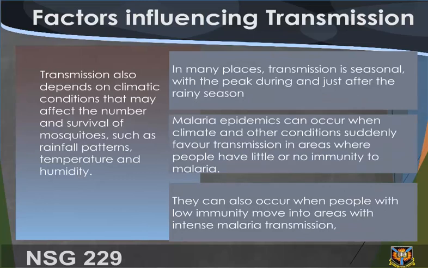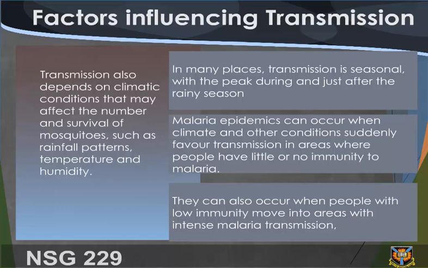Transmission also depends on climatic conditions that may affect the number and survival of mosquitoes, such as rainfall patterns, temperature, and humidity. In many places, transmission is seasonal, with the peak during and just after the rainy season.